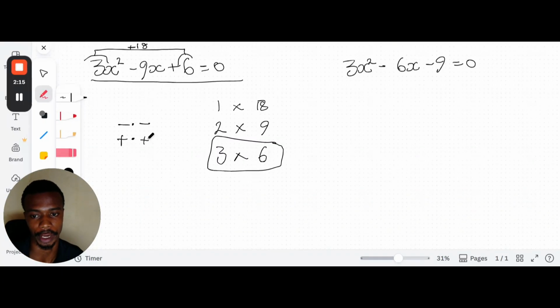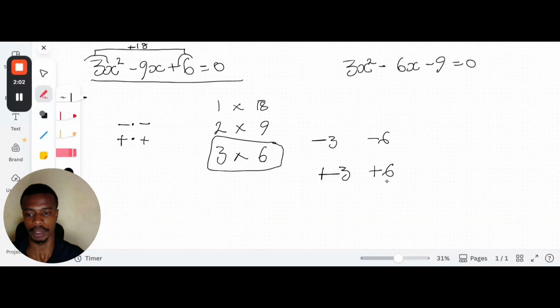Please watch the first video for an explanation of all this. Now, we have two options, minus 3 and minus 6, or plus 3 and plus 6. Which of them is going to give us minus 9? This is going to give us plus 9. This is not what we need. This will give us minus 9. This is what we need.